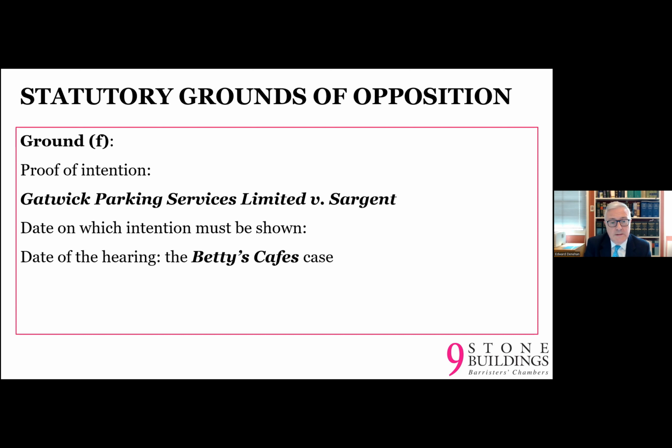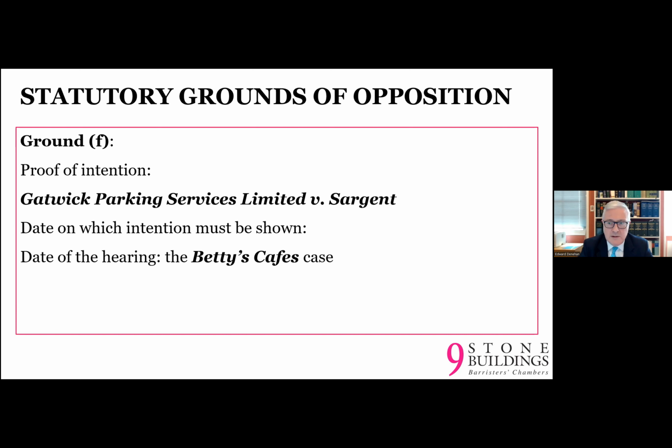And the important point to derive from the Gatwick Parking Services case is that the landlord doesn't have to show, on a balance of probabilities, that it will obtain planning permission, listed building consent, building regulation approval, whatever consents might be needed. It doesn't have to prove on a balance of probabilities, just that there's a prospect of that being achieved, namely, it's not a fanciful proposition that the consents will be advanced.